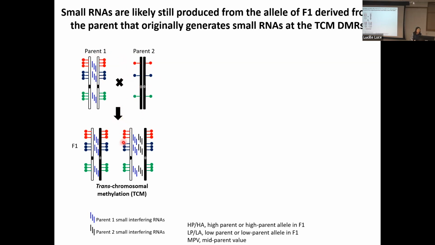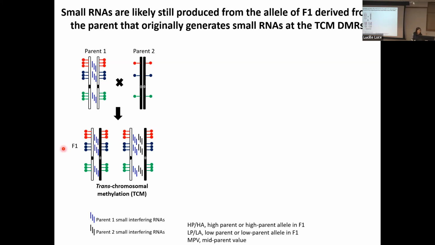When we combine them together, probably allele 2 produces small RNA. Although neither parent 2 nor parent 1 produces small RNA at that site, after hybridization it may produce small RNA. The other hypothesis is that the small RNAs are still produced from allele 1 and then trigger methylation in trans. Small RNAs don't have to be produced again, but the small RNAs from parent 1 can trigger methylation of allele 2 when you hybridize them together.